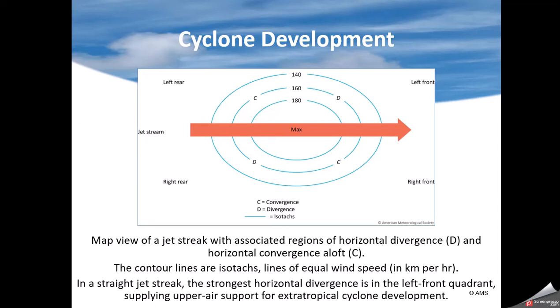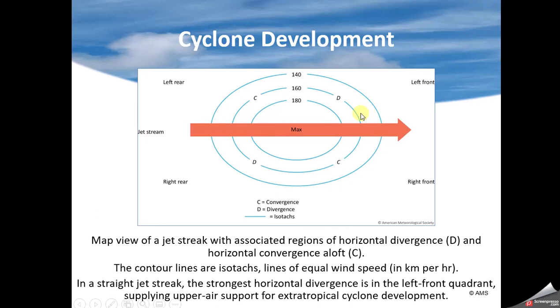These winds can reach up to almost 200 miles an hour at around 250 millibars. They tend to be a little lower in wintertime, like 300 millibars, and a little higher in summer, closer to 250, 200 millibars.